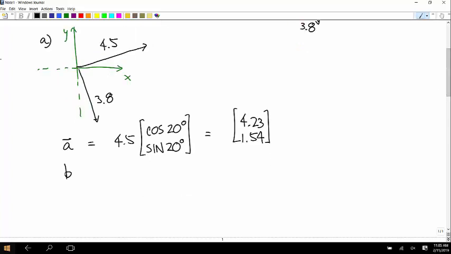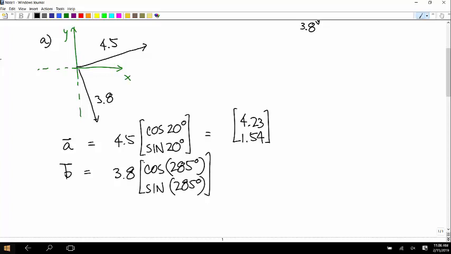And then the vector B is 3.8 times, this one you can do as 270 plus 15, so 285. Or you can do it as negative 75.